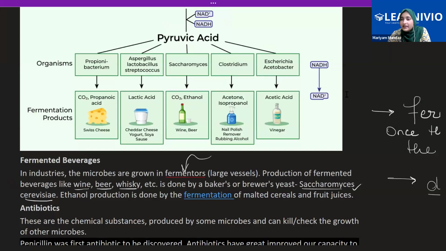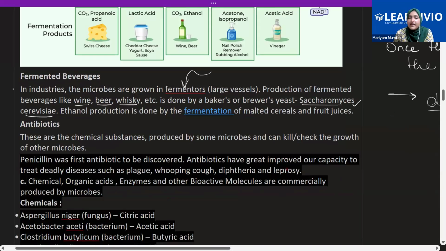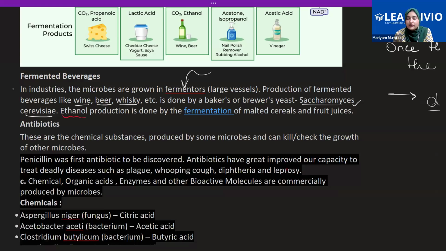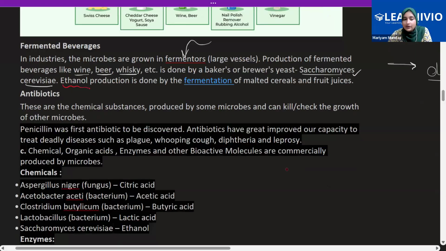Also, there's wine, there's beer, right? There's rum. These are alcoholic drinks which are made by the fermentation process. And during the fermentation process, the bacteria or the yeast, which is a fungus, is involved. What it does is that it ferments the juice and creates alcohol. Okay, so which type of alcohol? That is ethanol, which is ethyl alcohol.